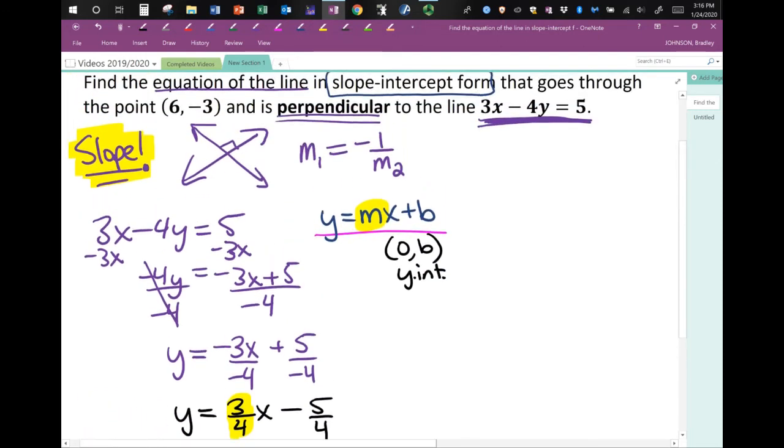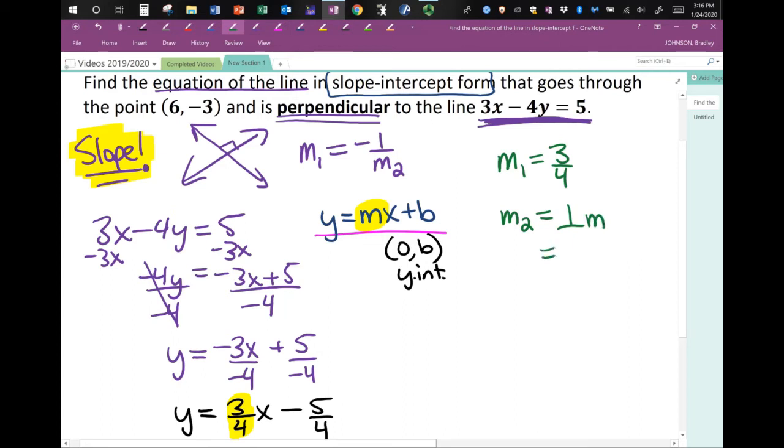Now, I found the slope of one of the lines. I'll call this slope 1. Slope 1 is 3/4. Now, in order to make this work, we need the slope of the other line. Another way to write this is with a perpendicular symbol, the perpendicular slope. Now remember what I said earlier?